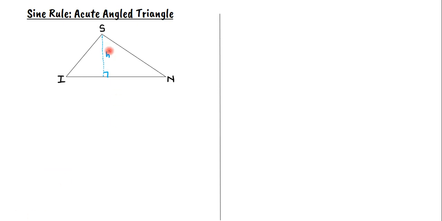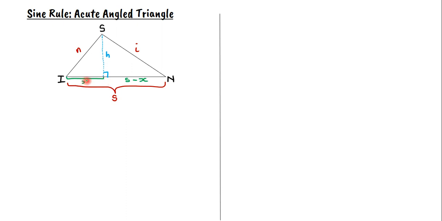We know that this whole side here is side S, and then this side is N, and this side is I. So if I create my perpendicular height, I'll have something new here: one of these sides as X, and the other side will be S minus X. So I'll call this side X, and this part here I'll call S minus X. Now why S minus X?